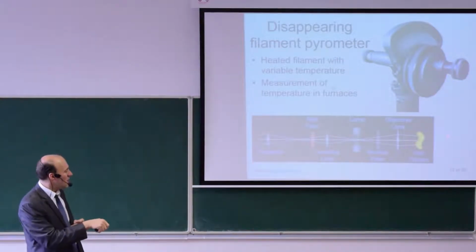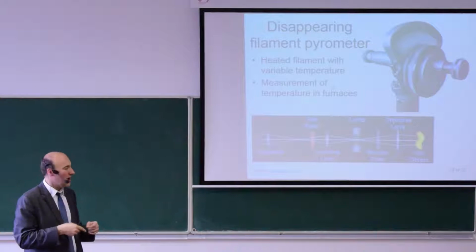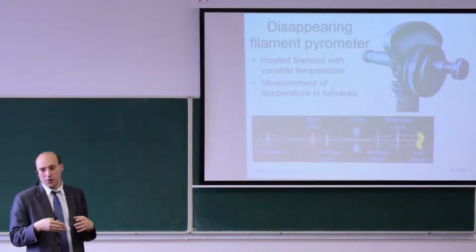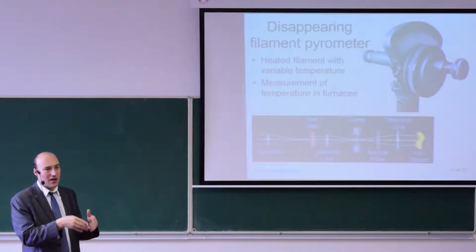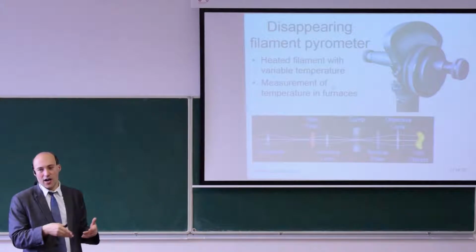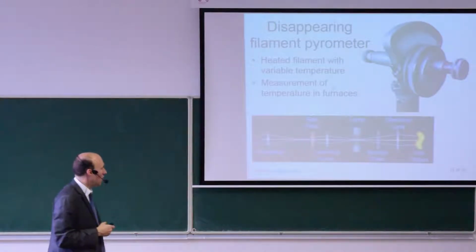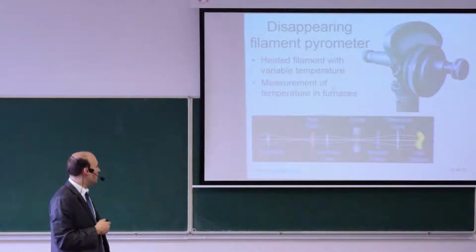So here we decrease the intensity of the radiation. That means that here the filament of the bulb can have lower temperature. It will not melt. So for example, if this is a furnace, we see that we have melted iron, and here we don't need such a high temperature. This is all accounted for during the construction of this filament pyrometer.